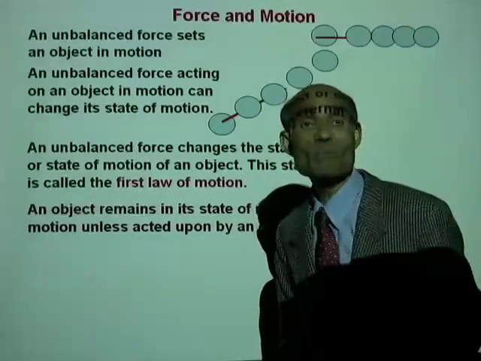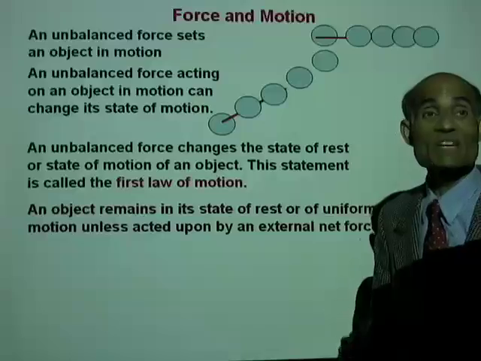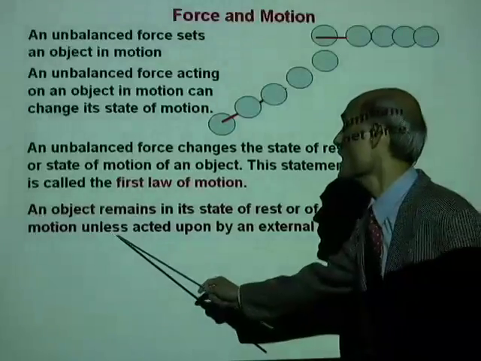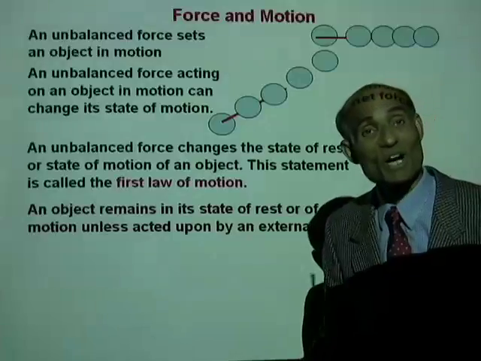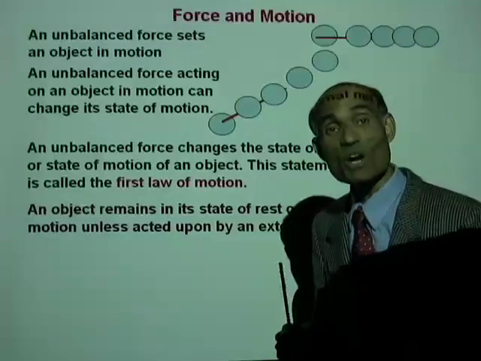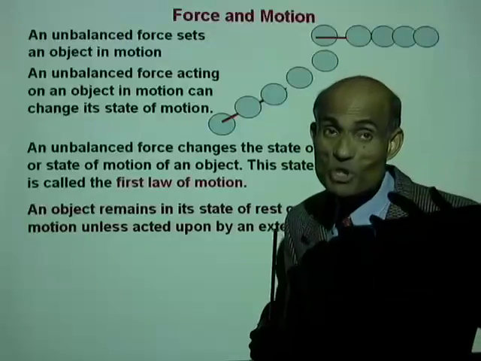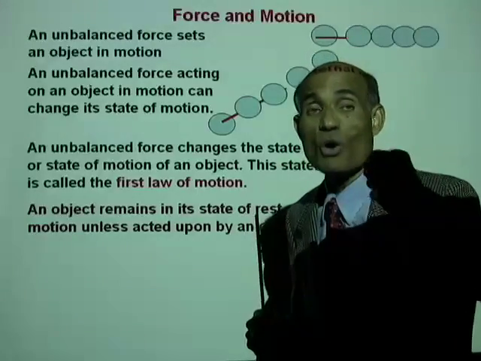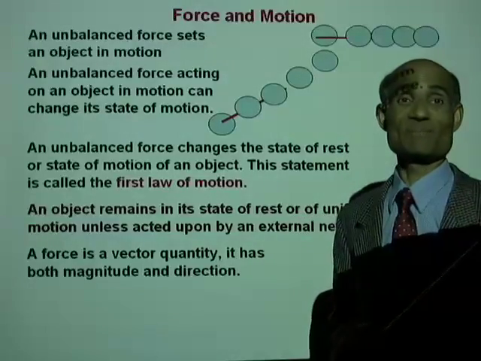An object remains in its state of rest or in the state of uniform motion unless acted upon by an external force. It is an external force that is responsible for either putting an object in motion or changing the state of motion of an object.